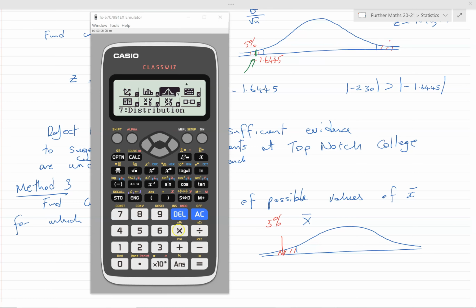So we have menu 7, and we want inverse normal now. I have this from the previous time I used it, so it's 0.05, that's fine.